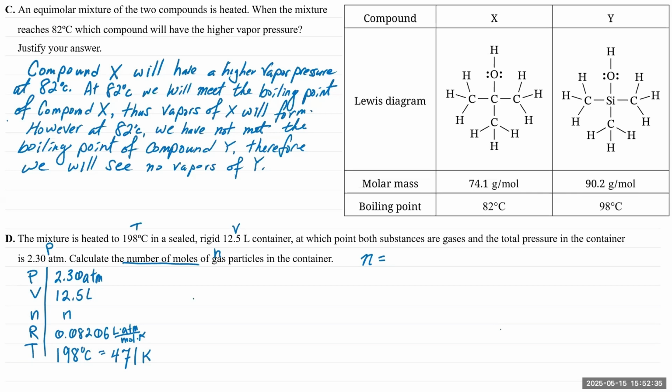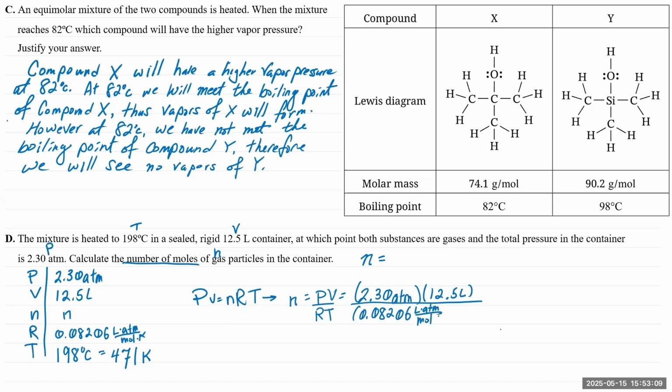All right, so now we set it up. It's PV = nRT, and we're solving for n, which is going to be PV over RT. Let's plug our values in and we will take it home. 2.3 atm times 12.5 liters, all divided by 0.08206 liters atmospheres over mole K times 471 kelvins.